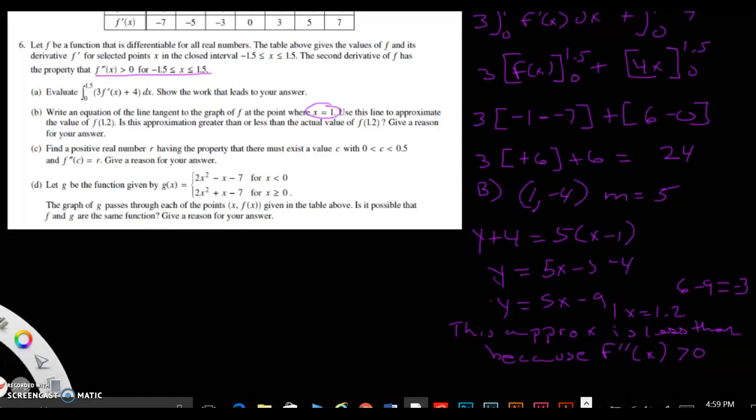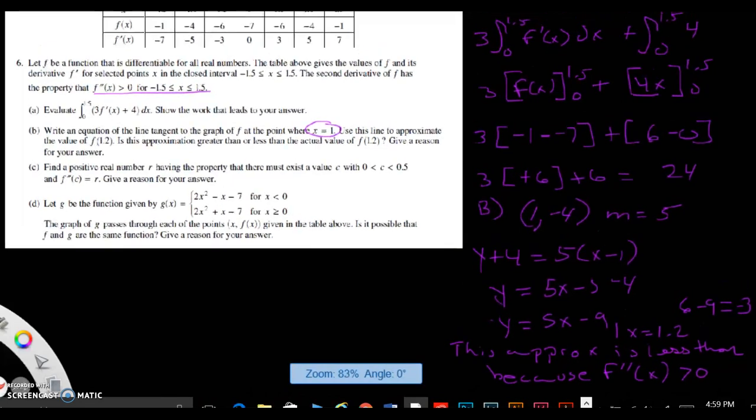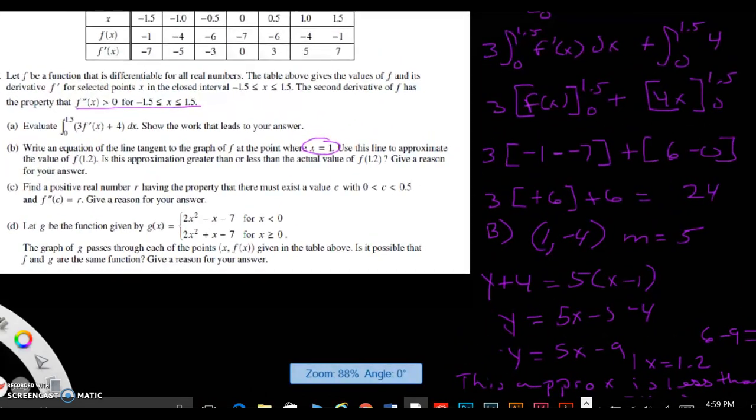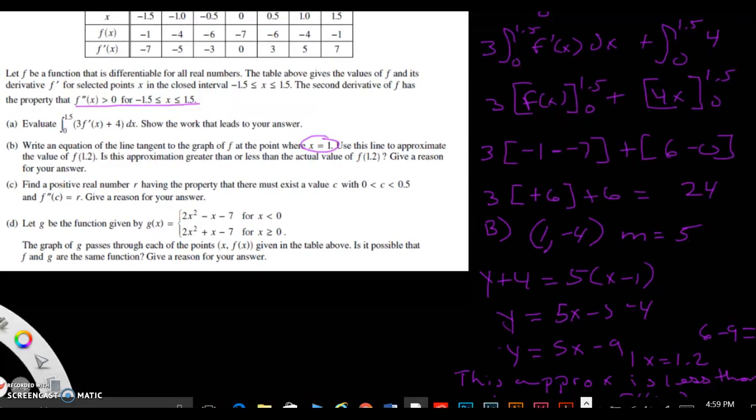It says C. Find a positive real number R having the property that there must exist a value of c with 0 less than c less than 0.5, and f double prime of c equals R. So we have to find the number R. Give a reason for your answer. Okay, so we're going to use this interval. That's pretty easy.